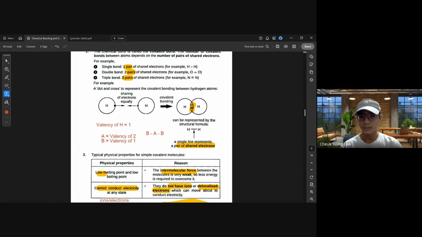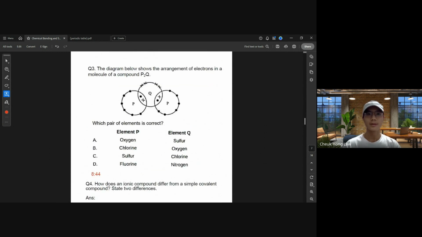Okay, I'm going to go through the questions now. The diagram below shows the arrangement of electrons in a molecule of compound P2Cl.